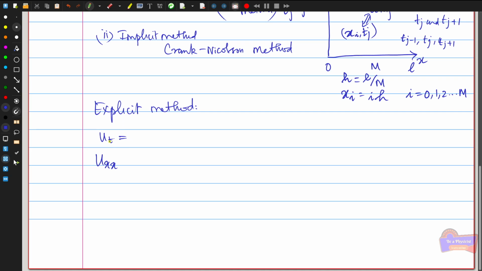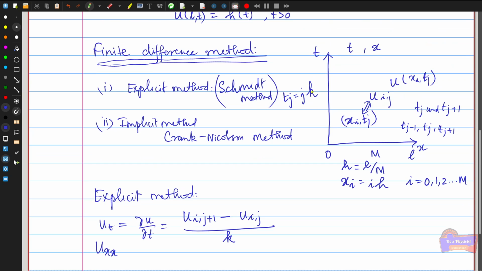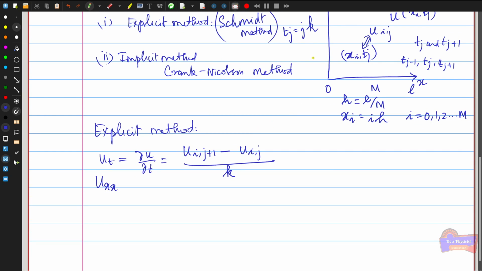Here t varies with j as the incremental value, so I can write dou u by dou t using the finite difference method as u of i comma j plus 1 minus u of i comma j divided by delta t. This delta t is the increment, let us take it as k, because along the y-axis we are varying with respect to k. So the two consecutive intervals can be taken as k.